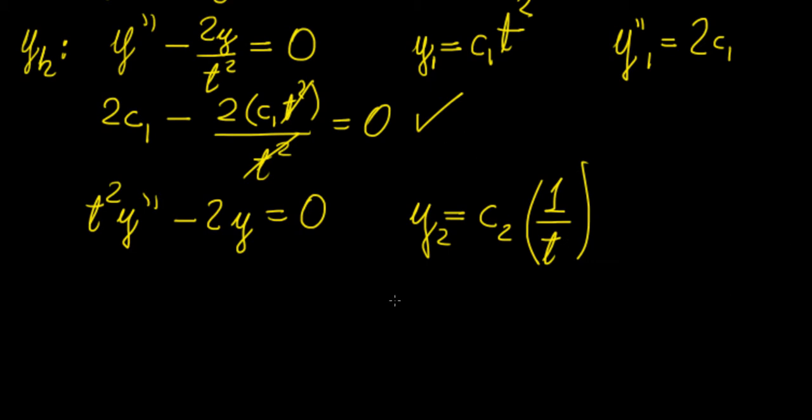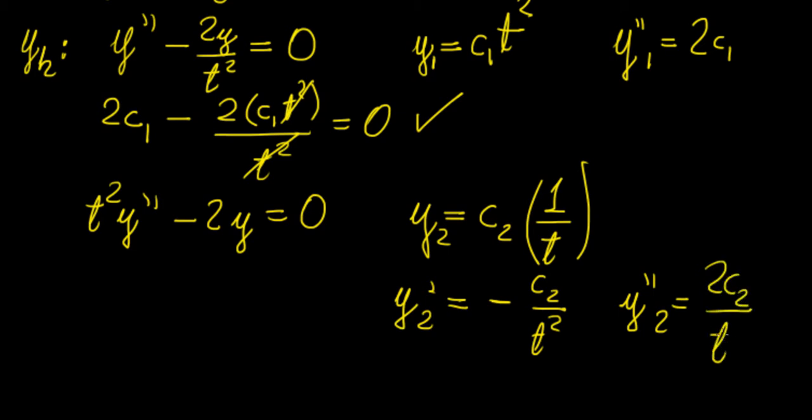If we take the first derivative of this, we're going to get minus c2 over t squared, and then the second derivative of this is going to be equal to plus 2c2 over t cubed. So let's plug this into our equation here and see what we get.